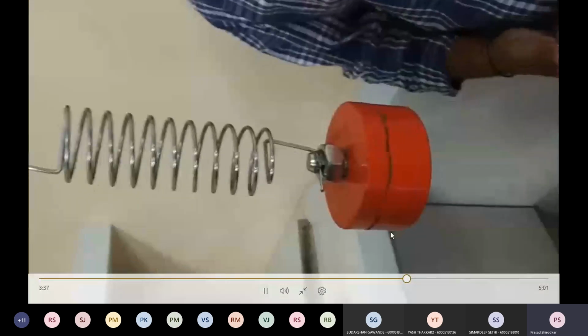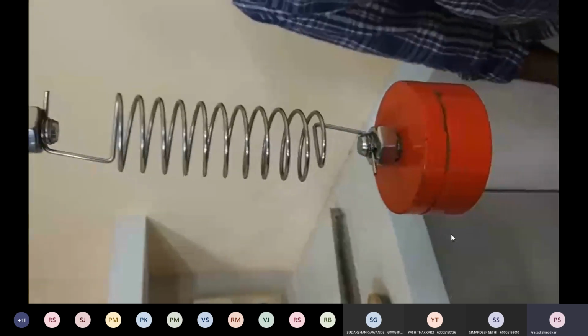So now the weight attached is 0.75 kg plus the mass of the bolt, that is 50 gram.